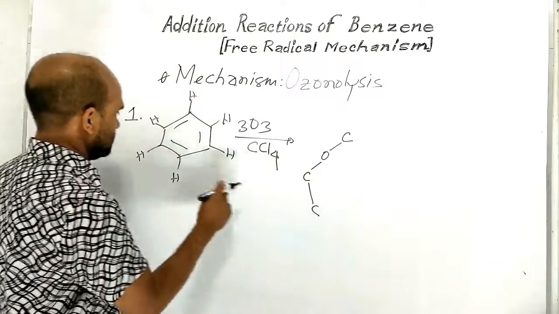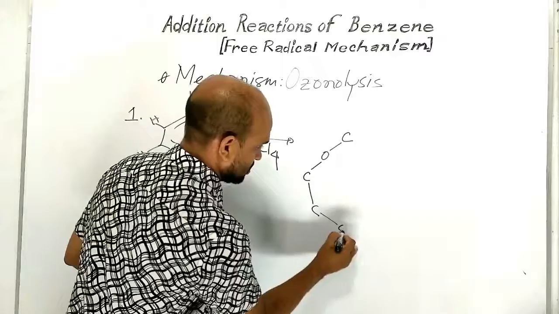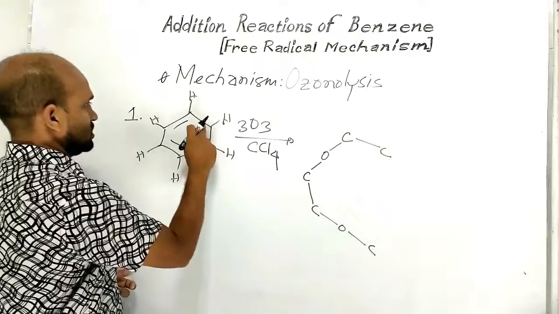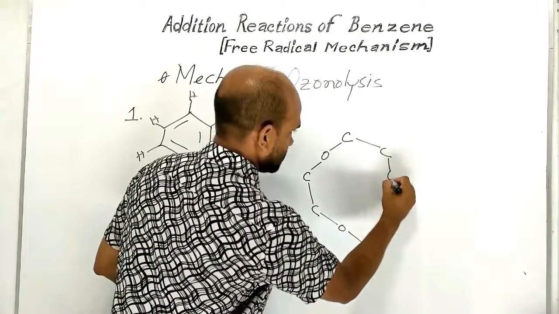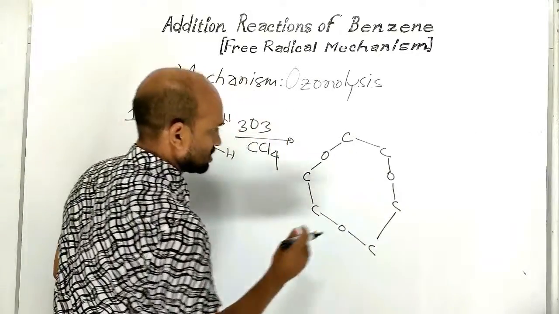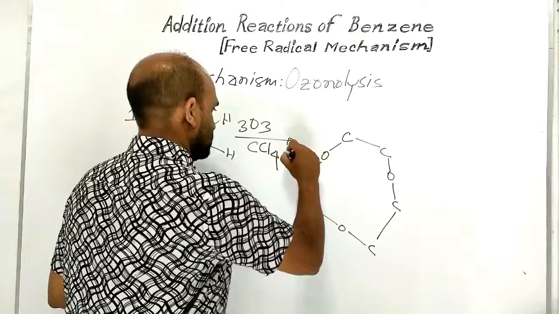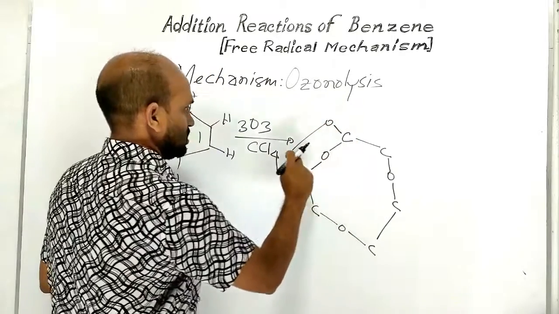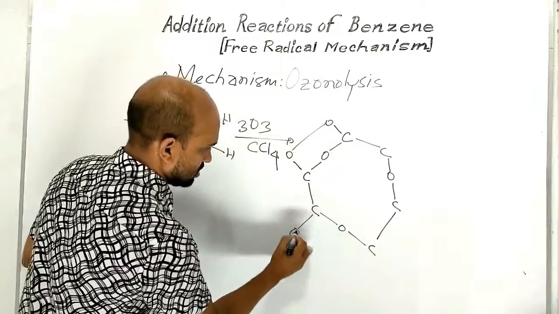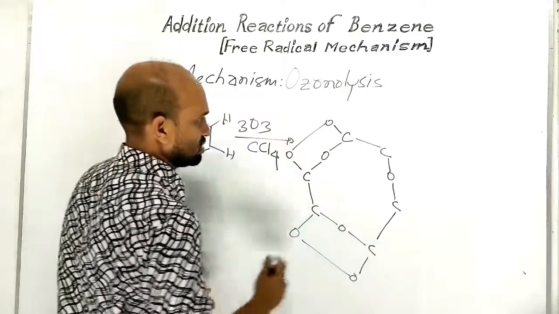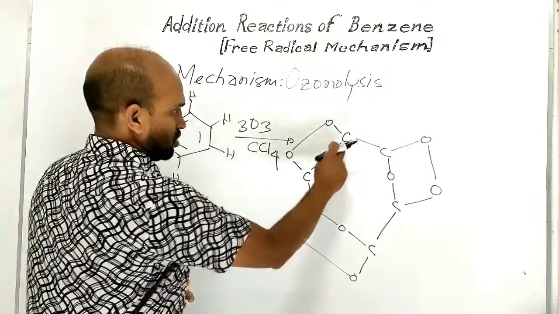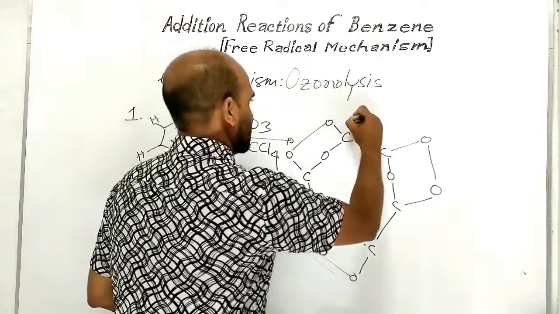With this carbon, here carbon-carbon double bond, this and this carbon, there is a double bond. This carbon and this carbon, this is another bond. Here ozone, oxygen, oxygen, oxygen, ozone molecule. Here another ozone molecule. Here another ozone molecule. All the carbon atoms carry one hydrogen atom each.